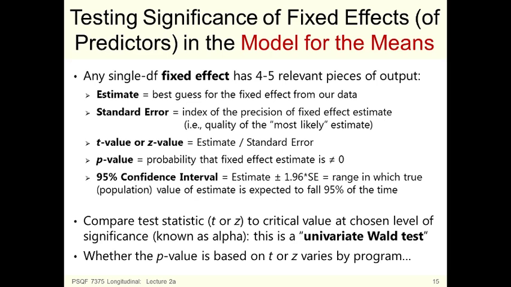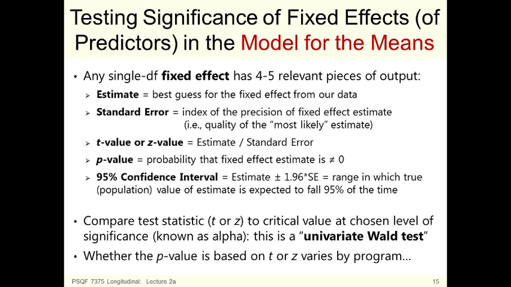All right, so then just reviewing. How do we talk about making decisions about what kinds of effects we want to have in our model? Typically, it's the logic of significance testing. When you're talking about the model for the means, so we're talking about fixed effects of predictors, effects that everybody gets in common, there are 4 or 5 pieces of output that you want to pay attention to. There's the estimate. That's the answer. That's usually in the first column.